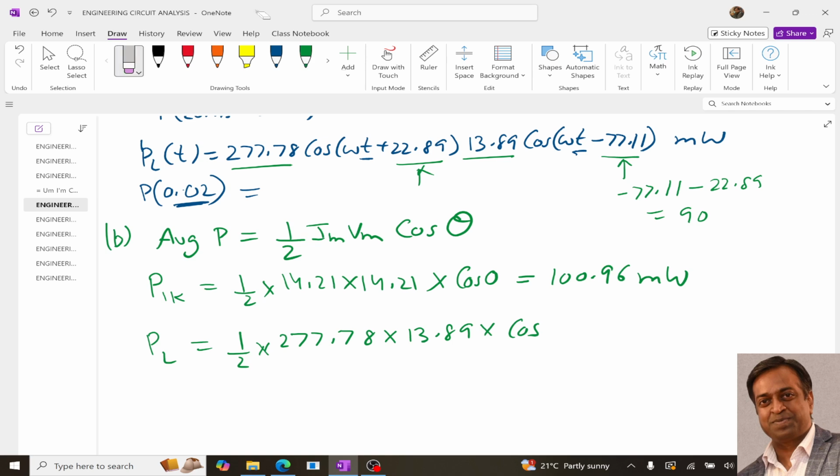We are getting it as 100 degree, right? So it is cos 100 degree. Now if we solve this, let me calculate, what is cos 100.